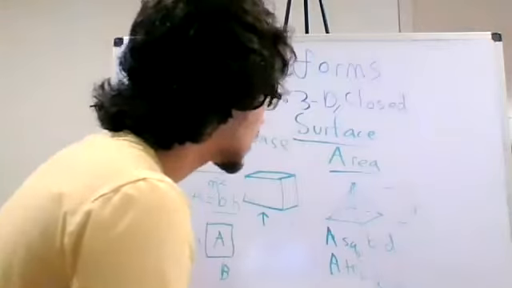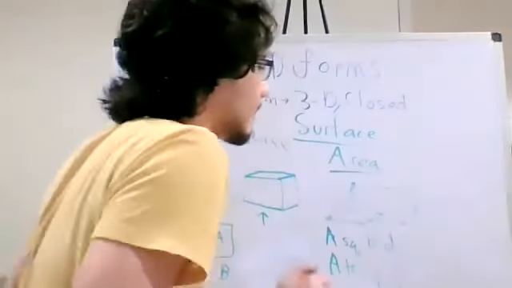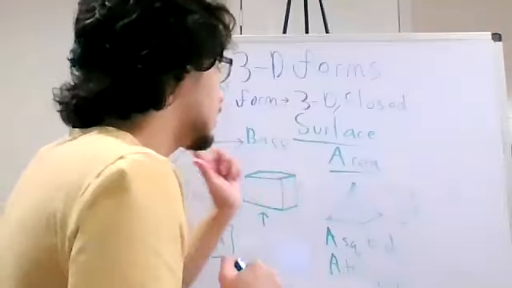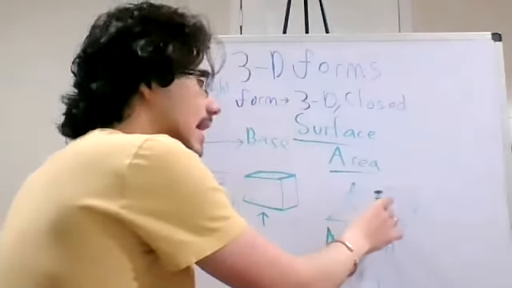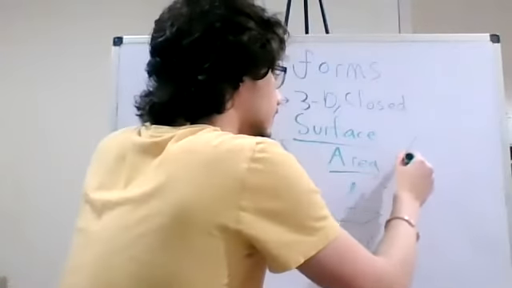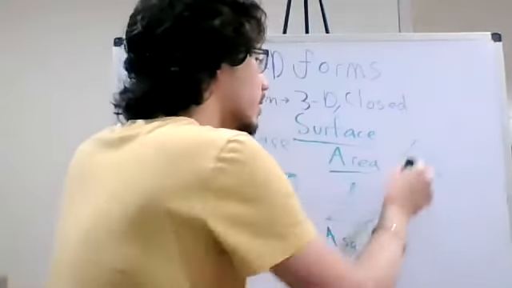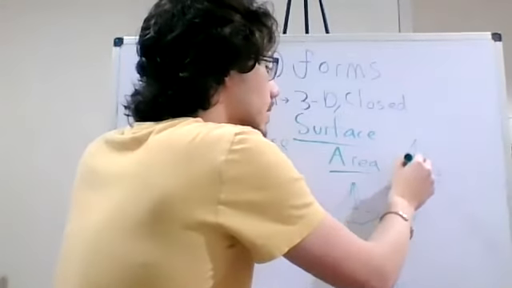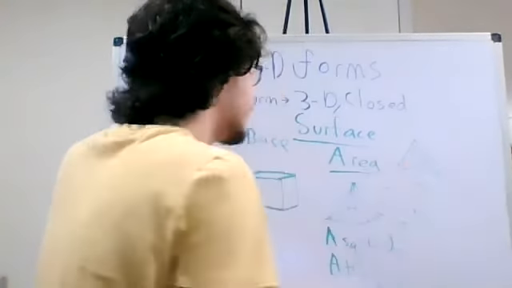Okay, being suspicious of this, let's draw out the triangle. So if we take this triangle, we'll move it over here. Here's the triangle we're working with. We know that this part on the bottom is the base and that this will be the height.